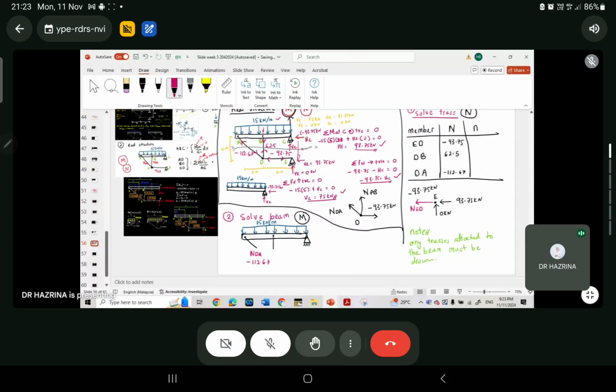And here is your NDB, which is equals to 62.5 kilonewton. So, maksudnya negatif. Negatif maksudnya dia compression to the joint. Positif maksudnya dia pulling the joint. Okay, nampak tak? So far sampai sini ada soalan tak?